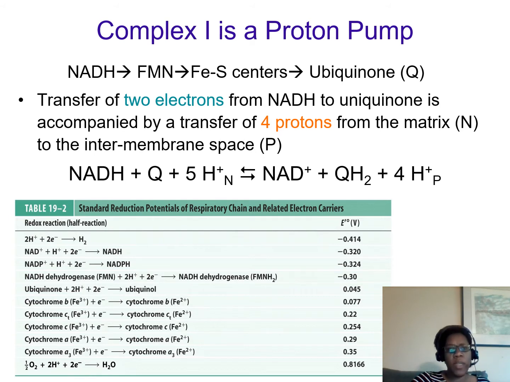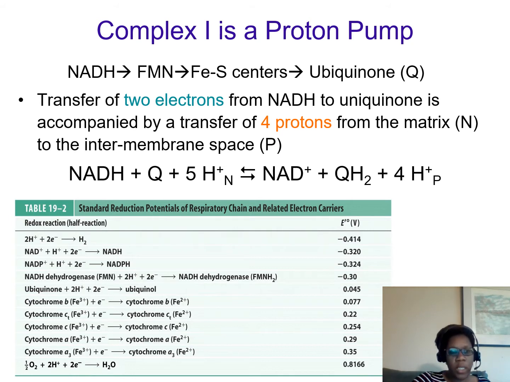And we can tell that by their reduction potentials. So this is just a chart of the reduction potentials. Those with the lowest reduction potentials are usually going to give electrons to something with a higher reduction potential.